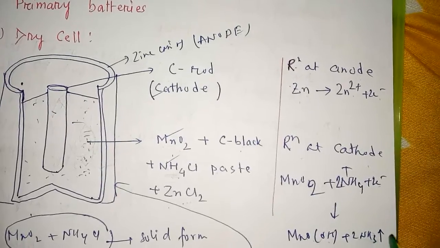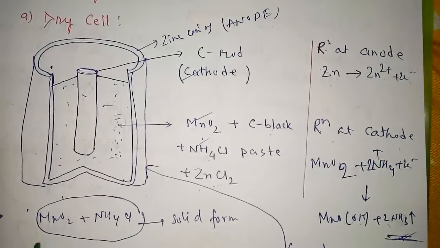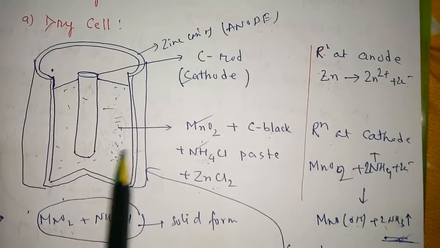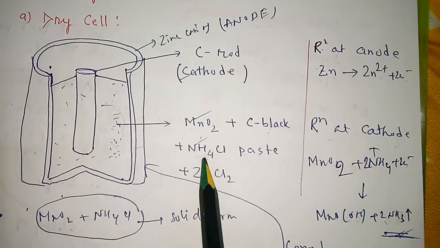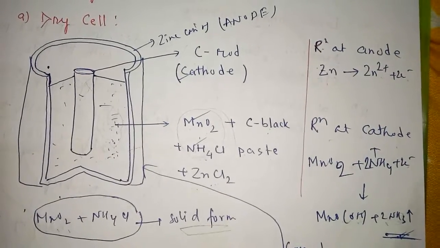Now, why is this cell called a dry cell? Because we are taking MnO2 and ammonium chloride as solids, so it is called a dry cell.